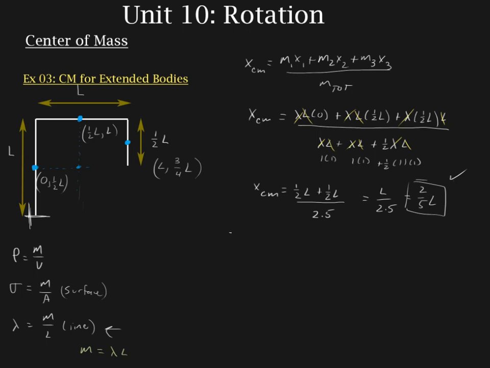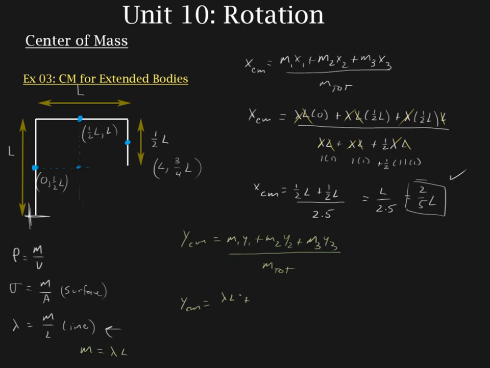All right, now YCM, we have the same basic process, okay. So for YCM we have M1, which we know is lambda L, times Y1.